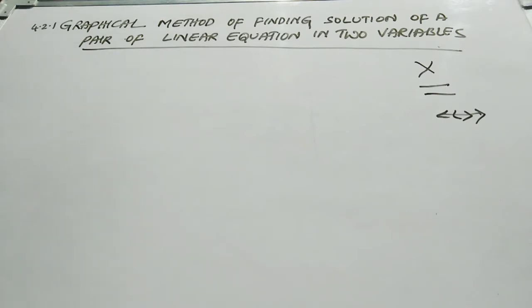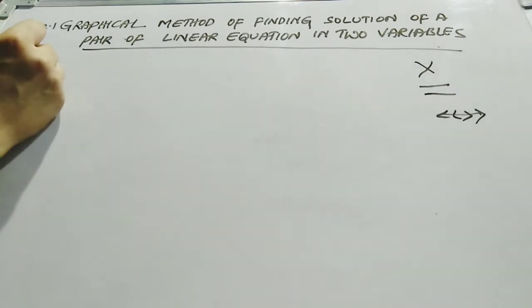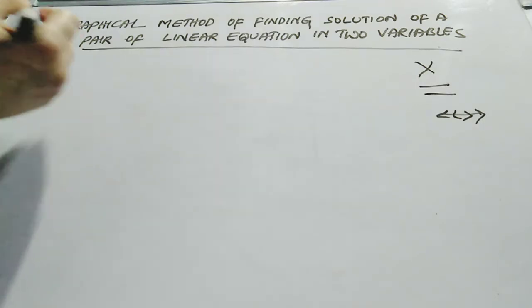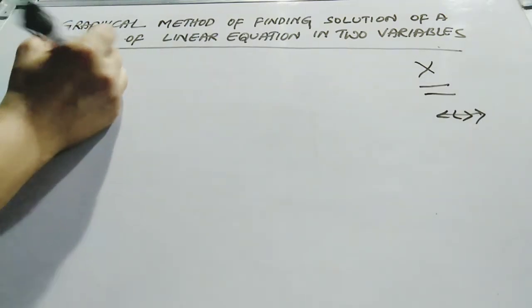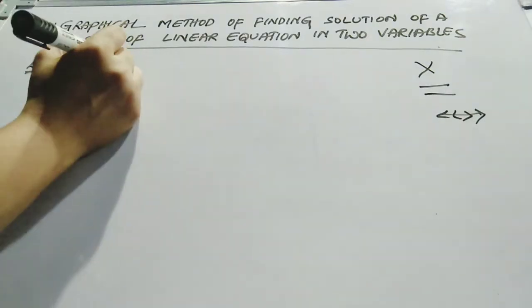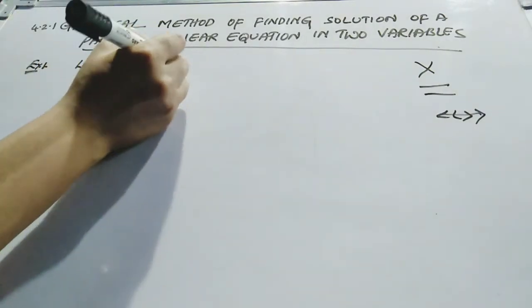Just take one example. L1 means line 1: x minus 2y is equal to 0.